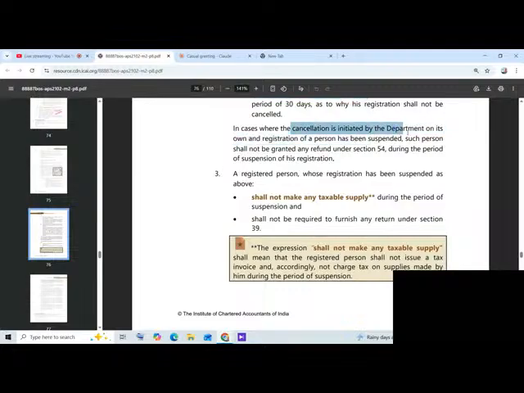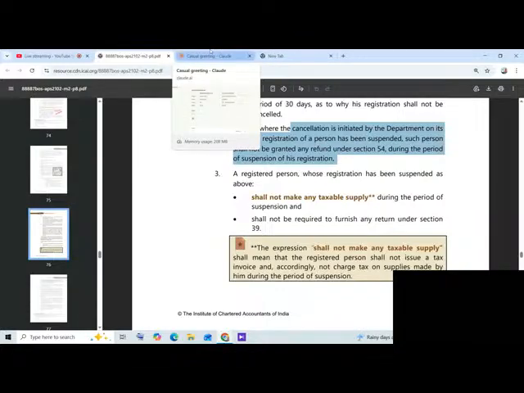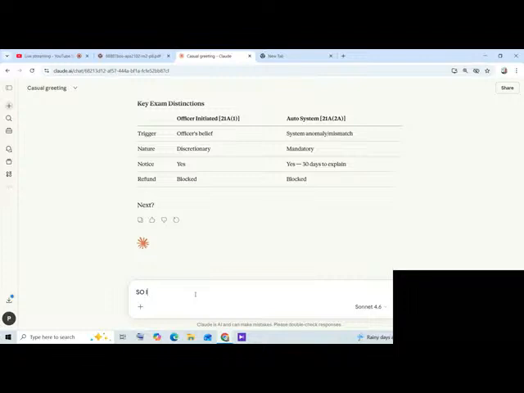In cases where the cancellation is initiated by the department on its own and the registration of a person has been suspended, such person shall not be granted any refund under section 54 during the period. So if I initiated cancellation, would I be eligible for a refund during the proceedings?